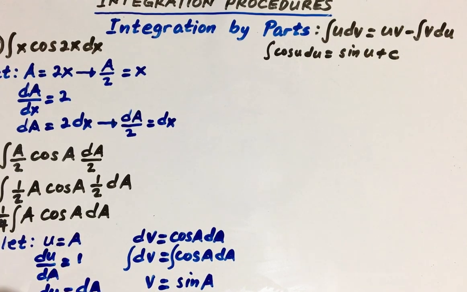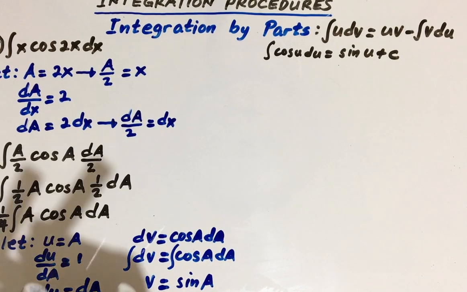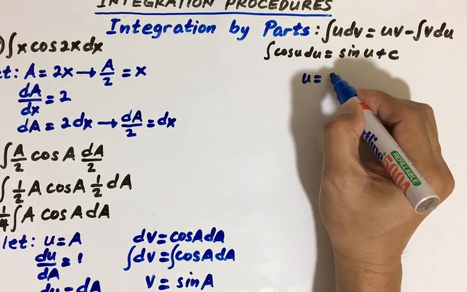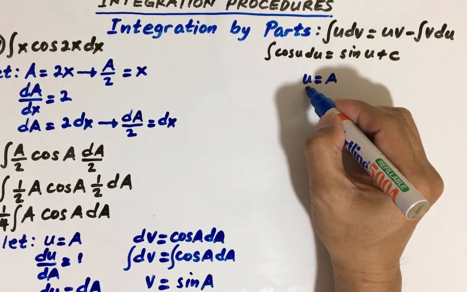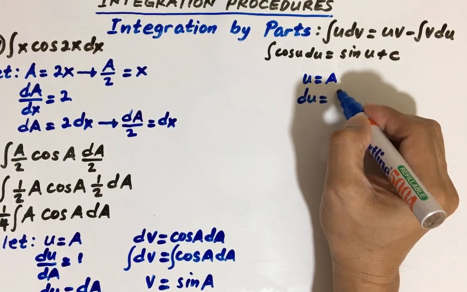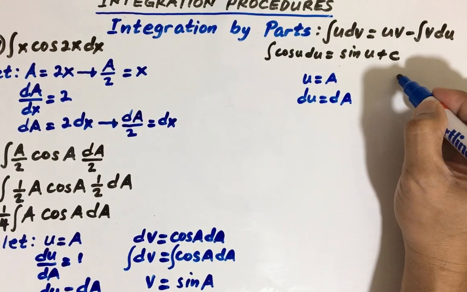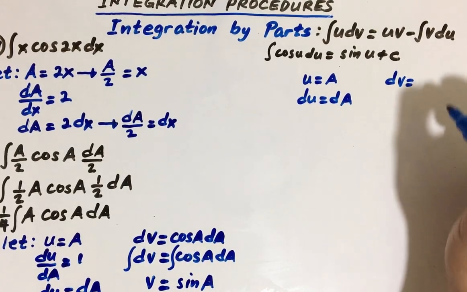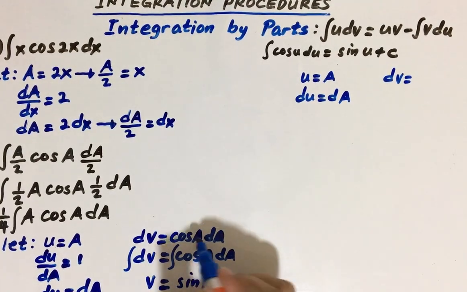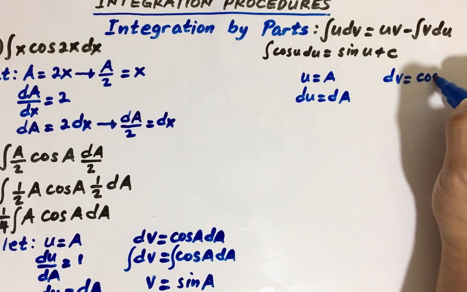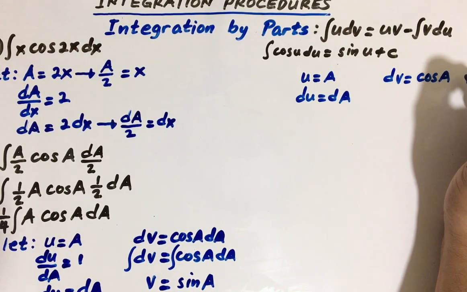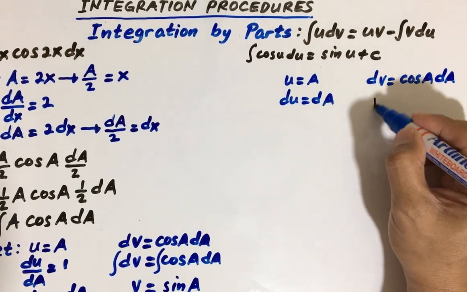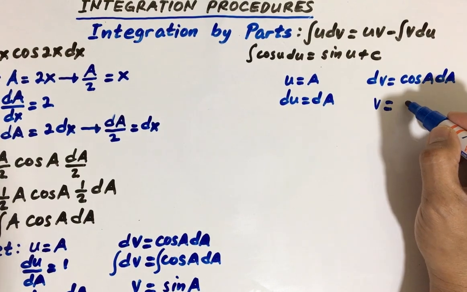Alright, let us summarize this. We have our u, which is equal to a, then our du, which is equal to dA, then our dv, which is equal to cosine a dA, then our v equal to sine a.